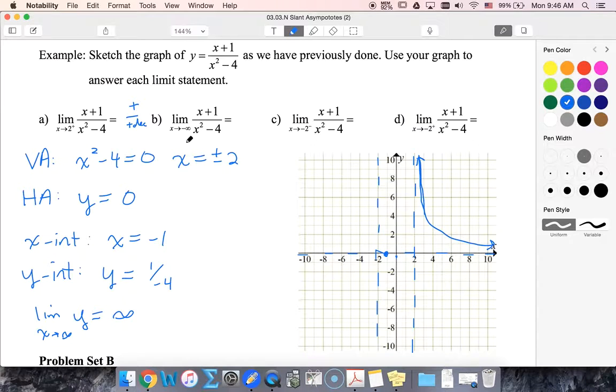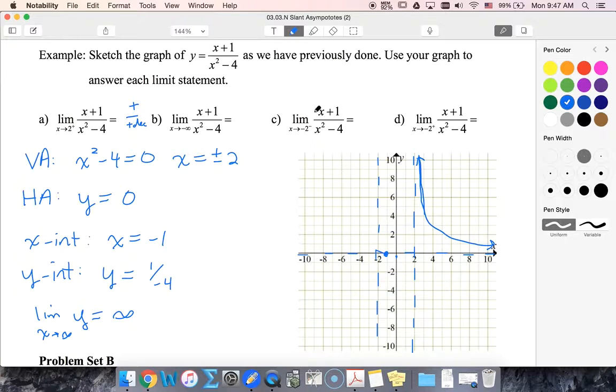So the limit as x approaches, well, here I've got my -2 from the left and -2 from the right. Approaching -2 from the left side would be over here. So -2 from the left, I'm looking at this region over here.